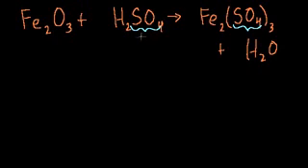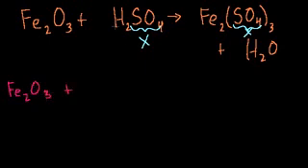So let's make a substitution. We'll substitute that for X. And so if we rewrite this, iron oxide plus H2.